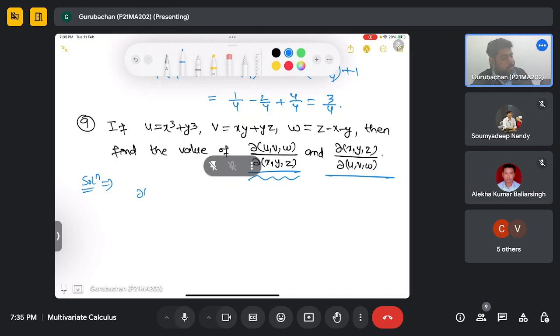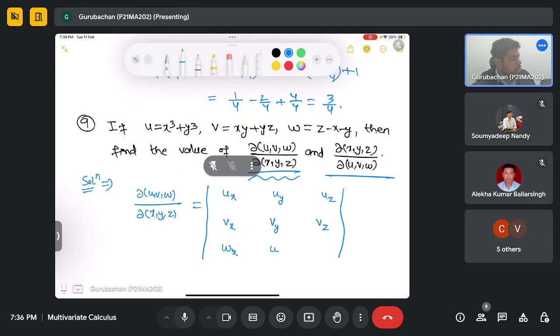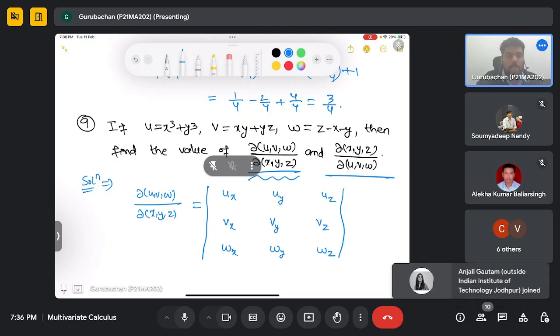Because we know that the Jacobian of u, v, w with respect to x, y, z is nothing but ux, uy, uz, and the second row is vx, vy, vz, wx, wy, and wz. So we need to compute these partial derivatives, and we have given u, v, and w in terms of x, y, and z. Therefore, it is easy to compute.